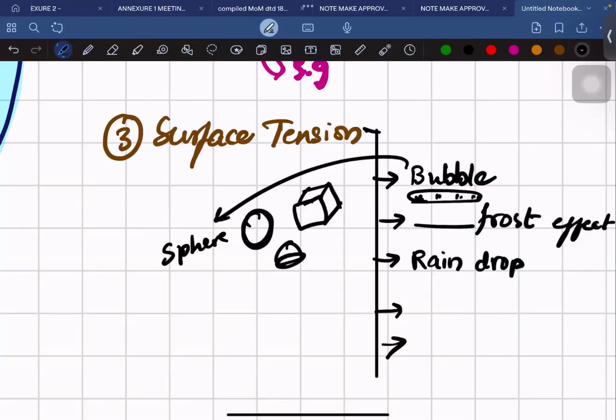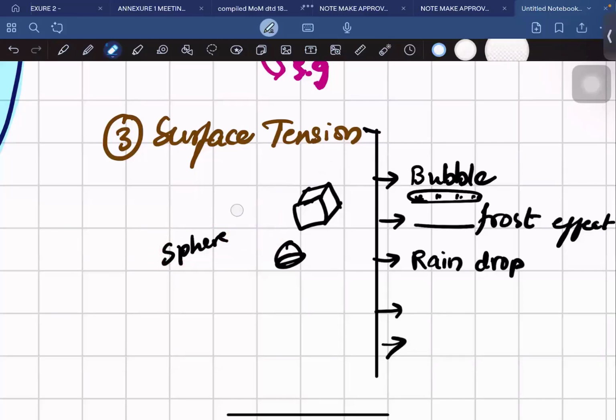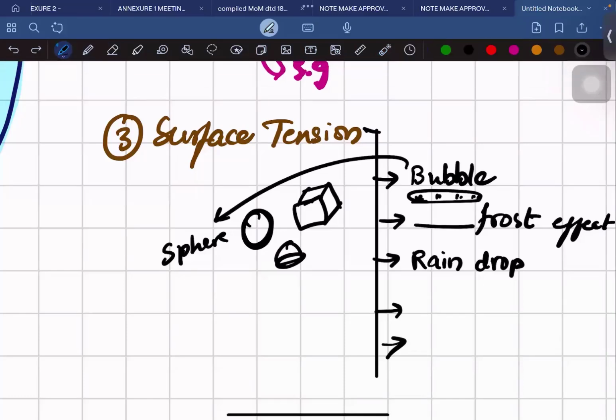Why is it especially taking the pure spherical shape when you blow a bubble? The reason is actually surface tension. Any guess why surface tension is causing the bubble to be spherical?